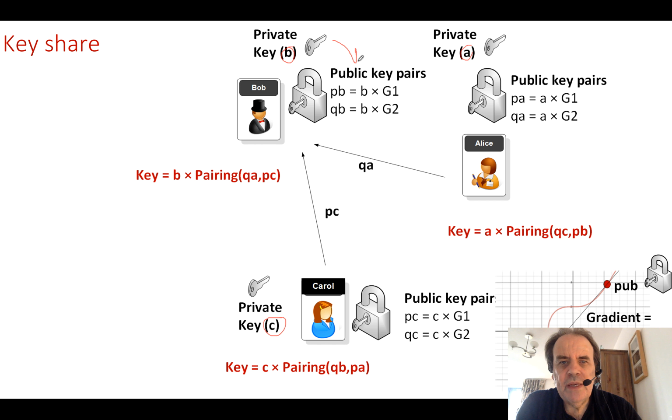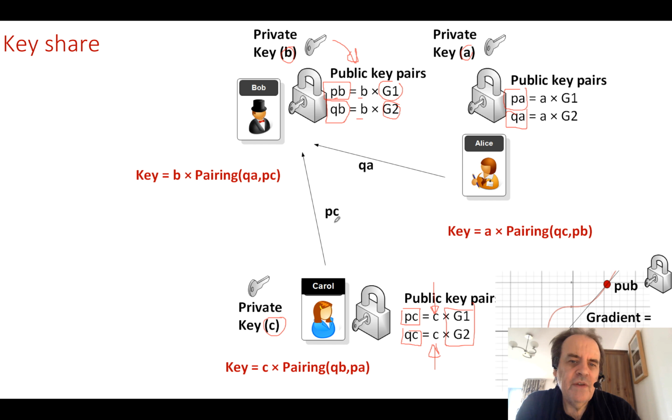Then they create their public key pairs using G1 and G2. So they all agree to G1 and G2. So Bob finds this one, PB, which is based on G1, and QB. Same again, Alice does her calculations, and Carol does hers. Okay, all using the same G1 and G2 value, but they obviously have different private keys.